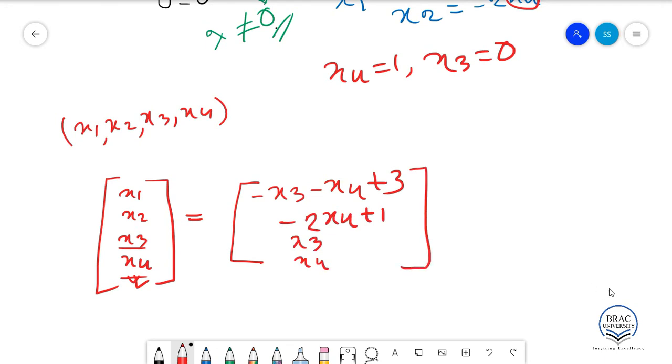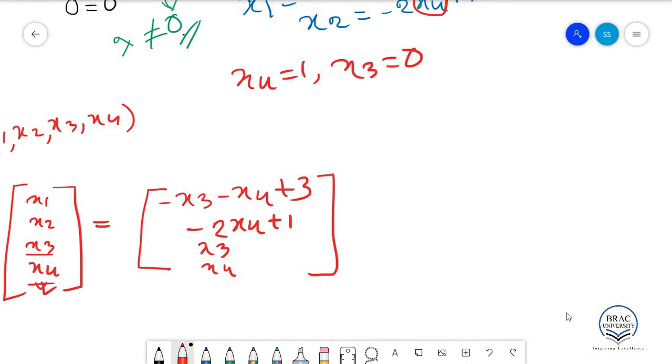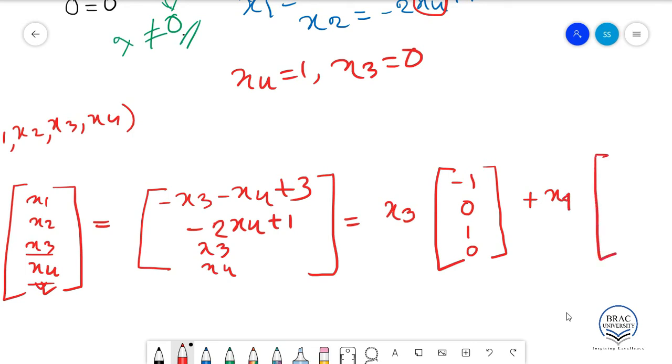And what you can do, you can simplify this a bit further by using the following decomposition. First write x3 times the vector minus 1, 0, 1, 0, then plus x4 times the vector minus 1, minus 2, 0, 1.